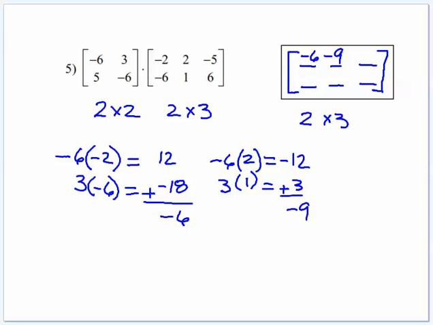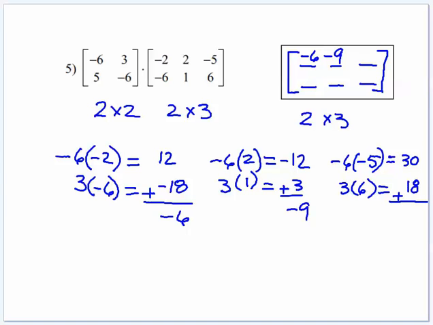Finally, stepping across, -6 and 3 goes with the -5 and the 6. Multiply and then add. -6 times -5 is +30. 3 times 6, 18.